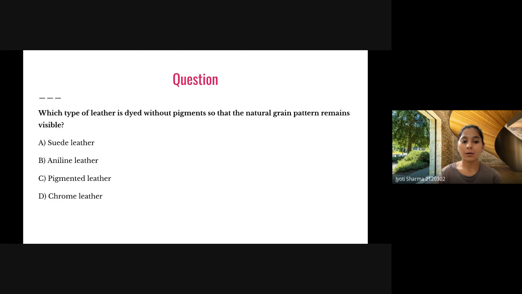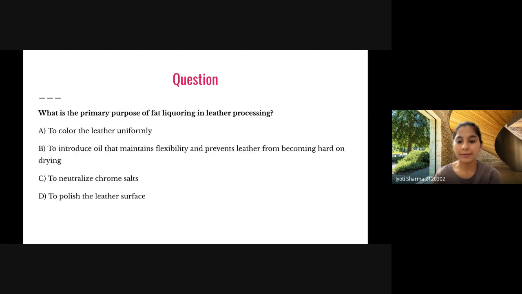This is aniline leather, where we just dye the leather but without pigment, so that whatever natural grain pattern we have on that leather should be visible to us. So that would be known as the aniline leather.